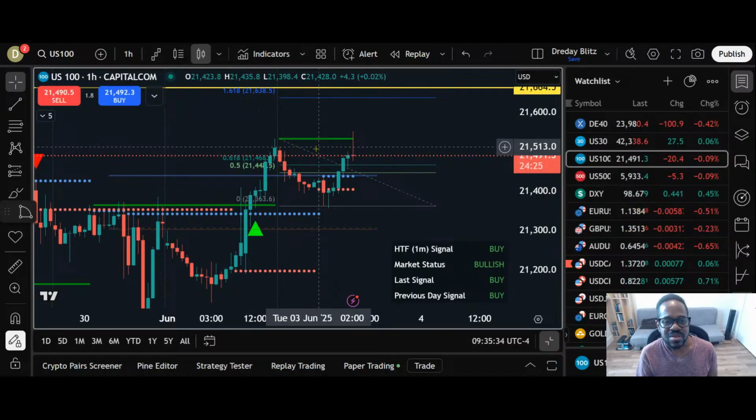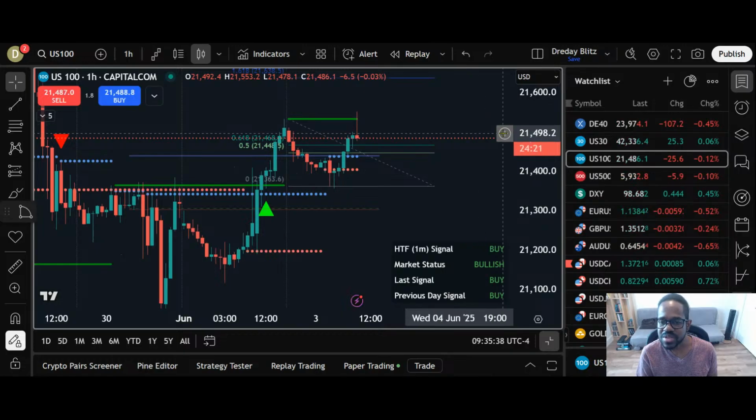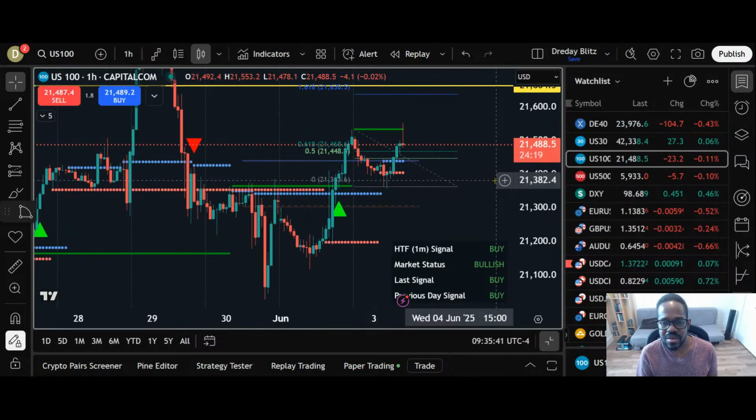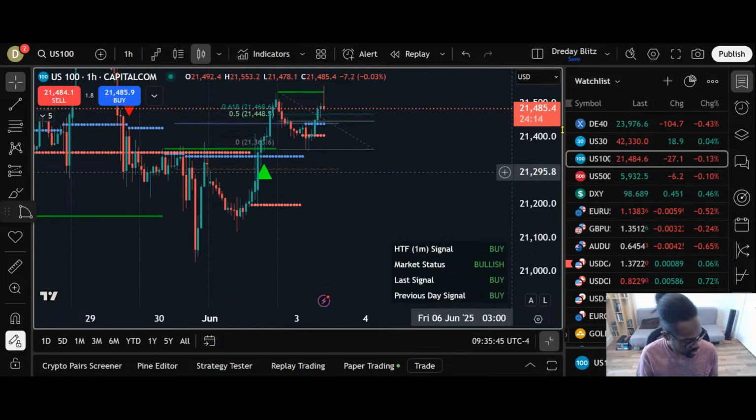So I think it went towards taking liquidity of the upside. Should be starting to go down here in upcoming minutes or the next hour or so. So be careful off of that.